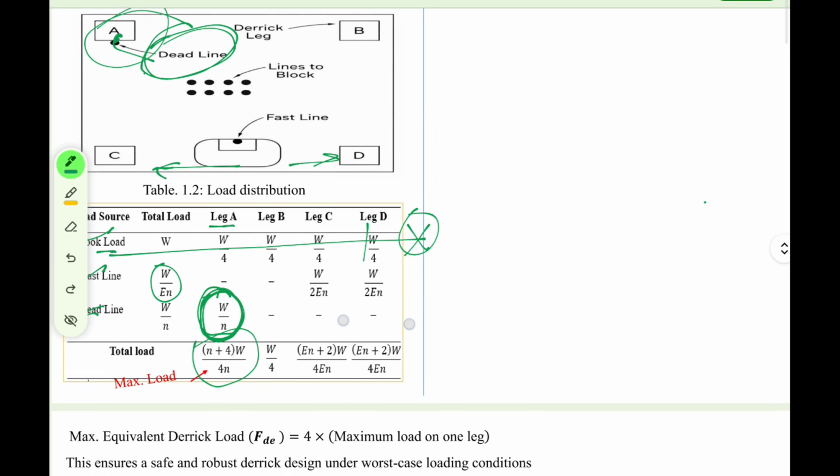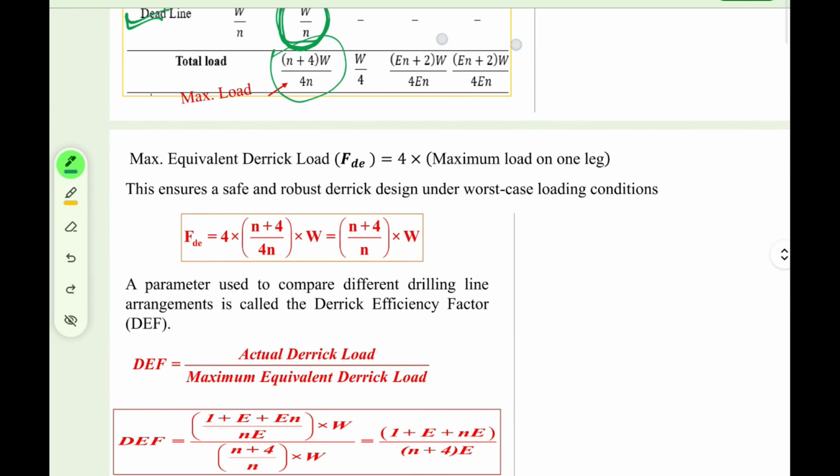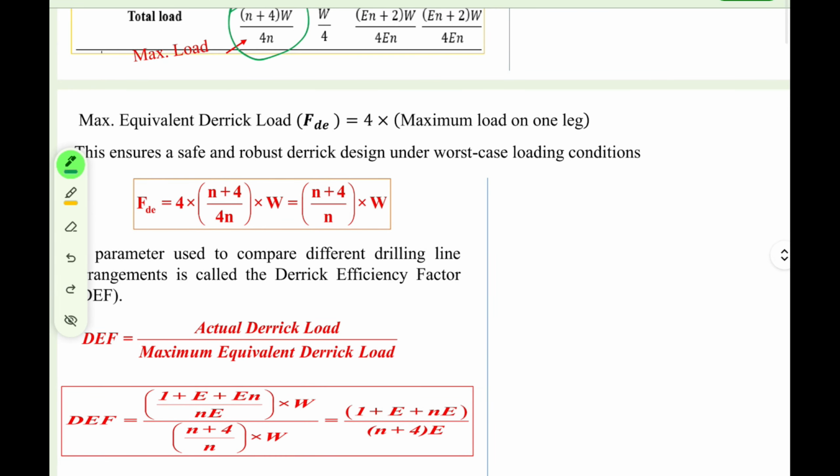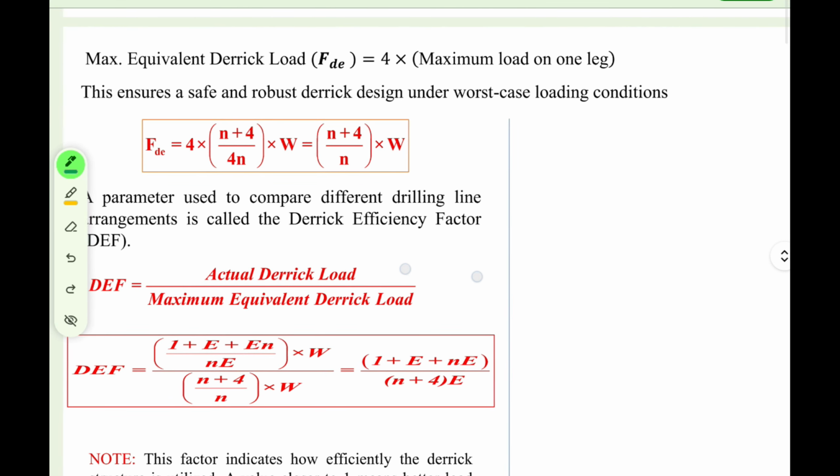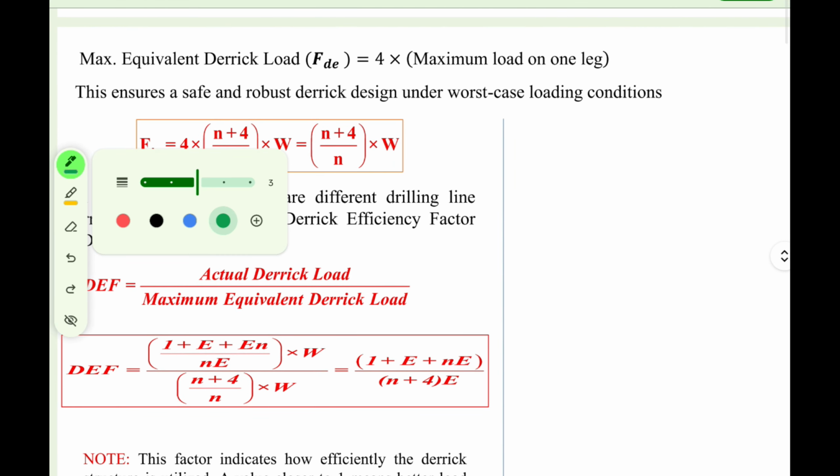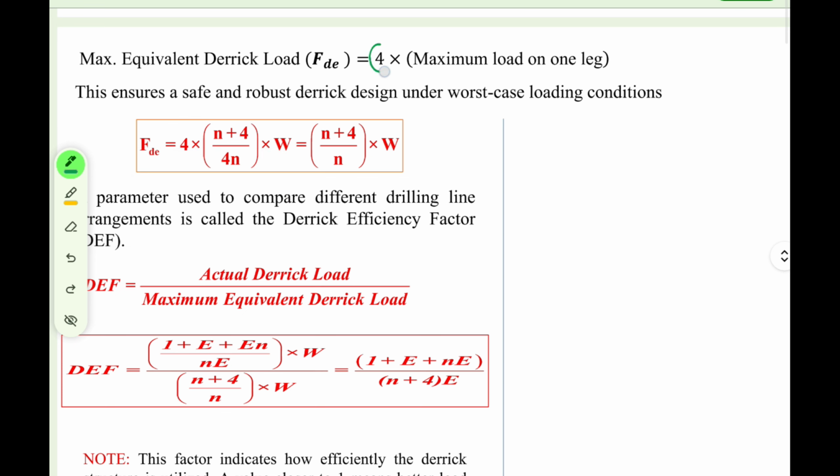Let me explain again. The maximum equivalent Derrick load is nothing but 4 times the maximum load on one leg, any leg, to ensure safety and robust Derrick design under the worst case of loading condition. That's why they are multiplying with 4.